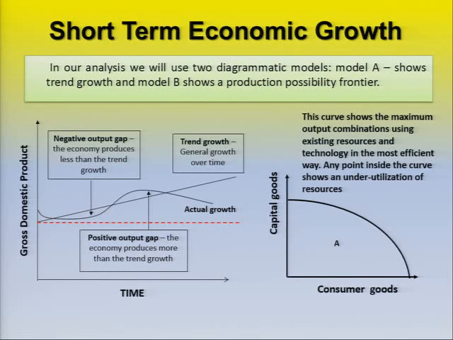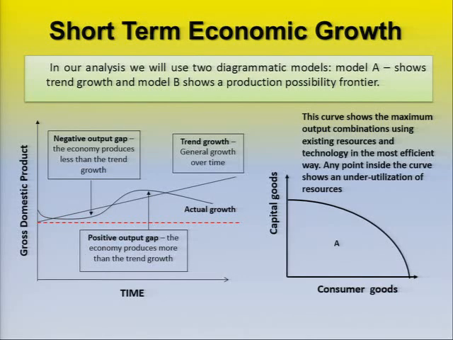If you remember the business cycle, that straight diagonal line is known as the trend line. Where the economy shows the negative output gap, the economy actually produces less than the trend growth. And then just below the red line there, you have the positive output gap, where the economy produces more than the trend line.